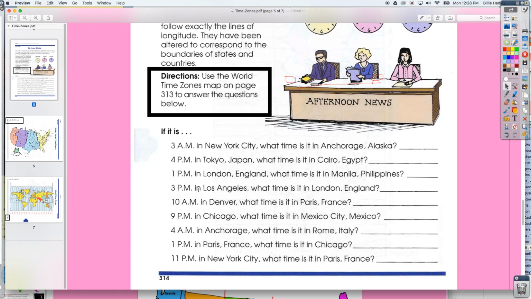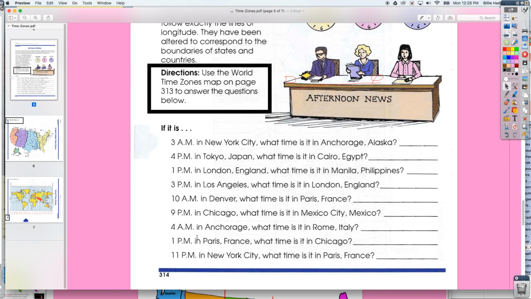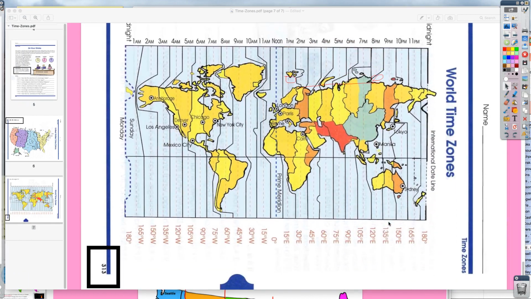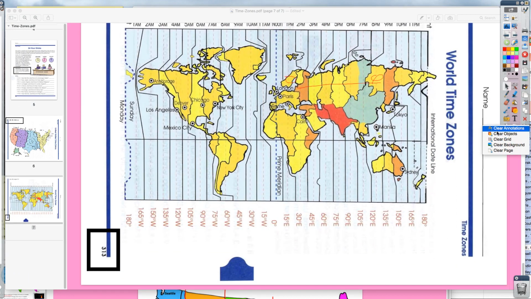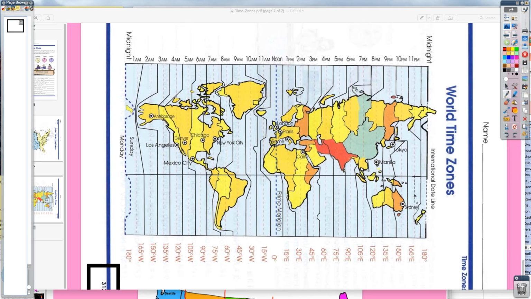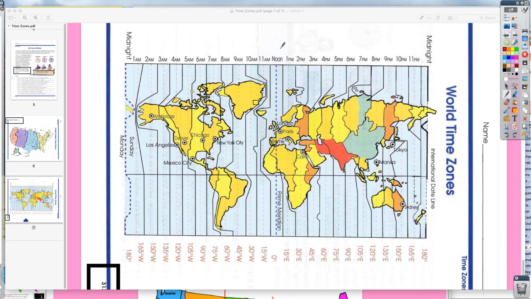If it's, let's see, it's 1 p.m. in Paris, France, what time is it in Chicago? So 1 p.m. in Paris, France, so we're looking at from Paris, France to Chicago. Paris, France is right here to Chicago, which is in this time zone.